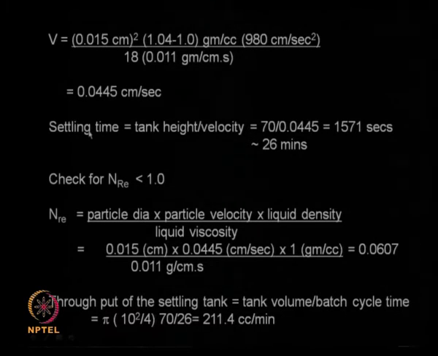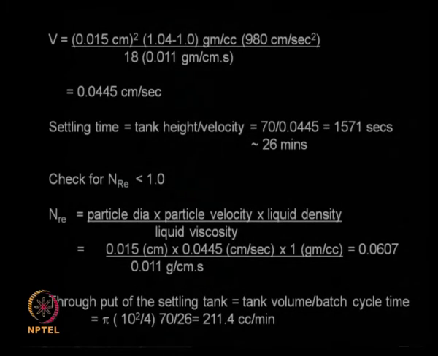So the settling time will be height divided by velocity, okay. So the height is 70 centimeter, that is the height of the tank, and if you divide by the velocity you get 1571 seconds, that is about 26 minutes. That means it takes 26 minutes for a solid which is at the top of the liquid level to reach the bottom of the tank of height 70 centimeters.